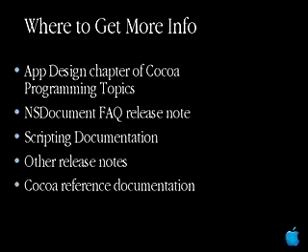There's new for, I think, DP3 is an FAQ on NSDocument. People have questions, a lot of them tend to be commonly asked. These are some answers. There's pretty good scripting documentation that tells you how to do script suites, how to handle scripting in your app, and so on and so forth. There's various release notes that you might want to look at. And then, of course, there's the Cocoa reference documentation.